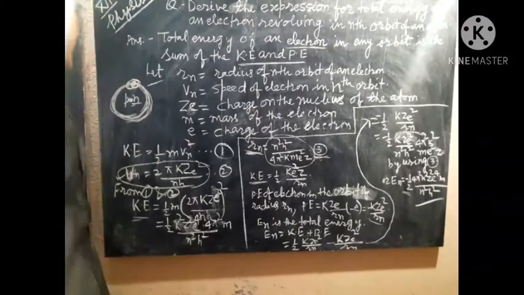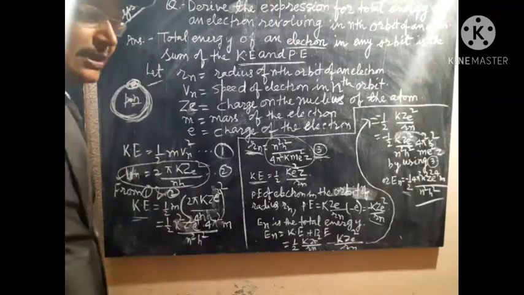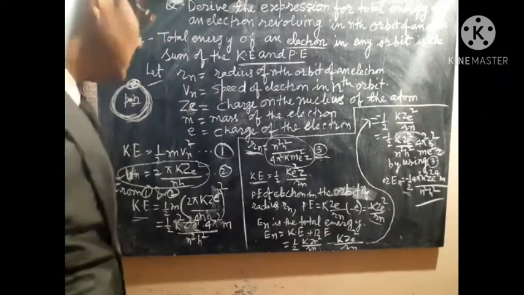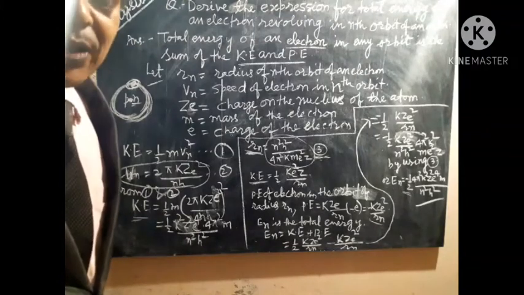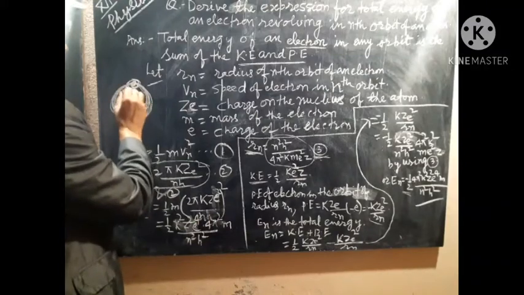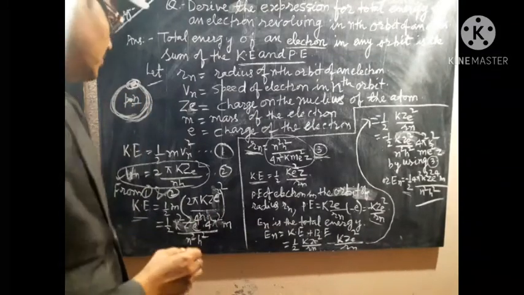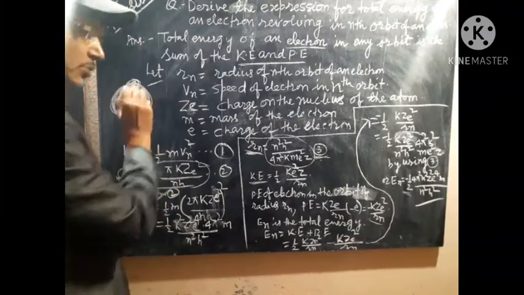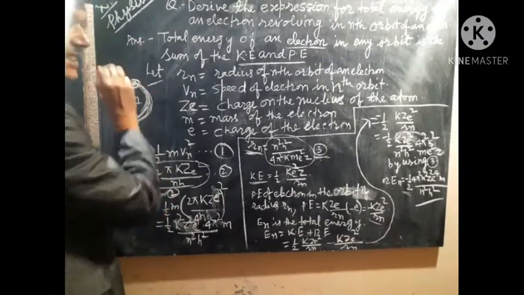Chadwick. And the third thing, the electron, who discovered it? J.J. Thomson. Again I am repeating: proton has positive charge, neutron has no charge, and electron has negative charge.